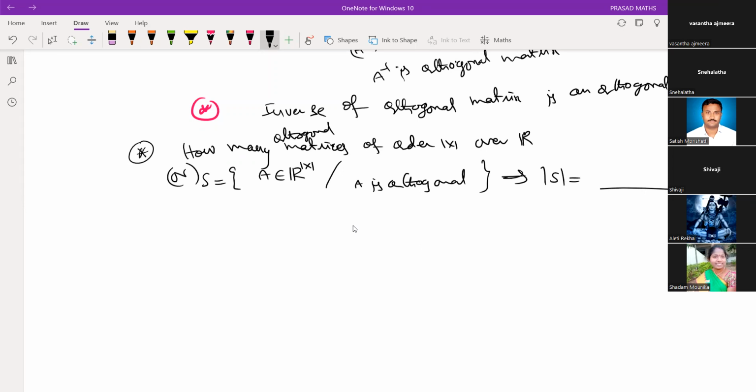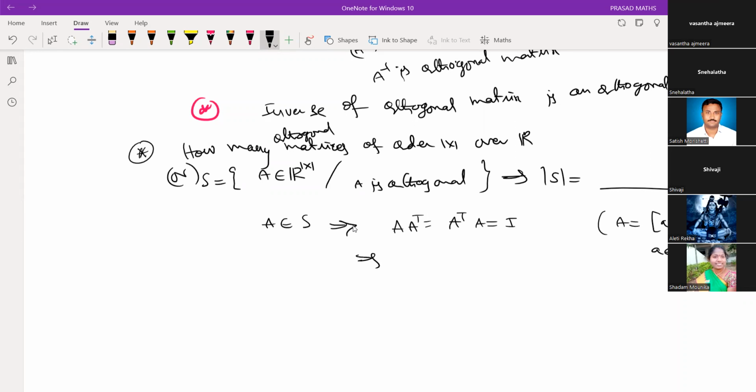Good. Suppose you take any matrix that is orthogonal. Any element we take in the collection, the set S, should be orthogonal. That means A times A transpose equals A transpose times A equals I. But A should be a 1 cross 1 matrix, so without loss of generality A is a 1 cross 1 matrix, a real number.